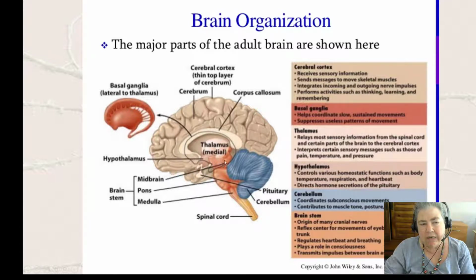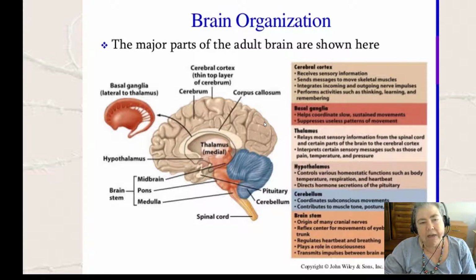The cerebral cortex, gray matter, is getting sensory information, is creating motion and sending messages to skeletal muscle. It's integrating all of that information, both the incoming and outgoing information, along with taking care of those higher functions, thinking and learning and remembering and problem solving.